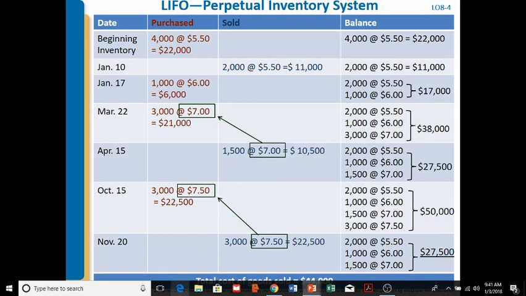Now, those 1,500 units that we sell using the LIFO cost flow assumption are going to come out of the last layer of 3,000 units at $7 per unit.